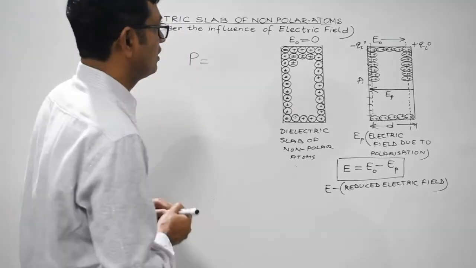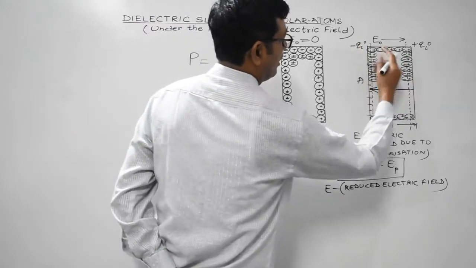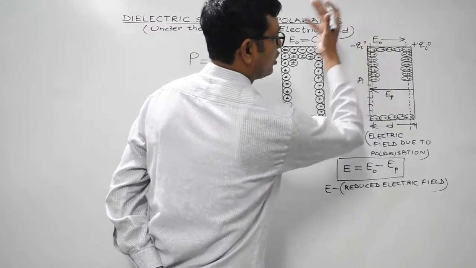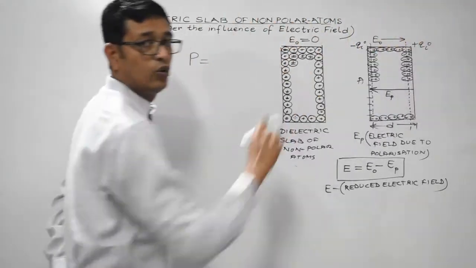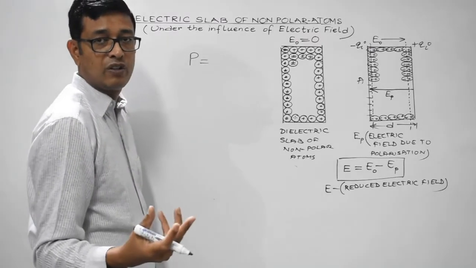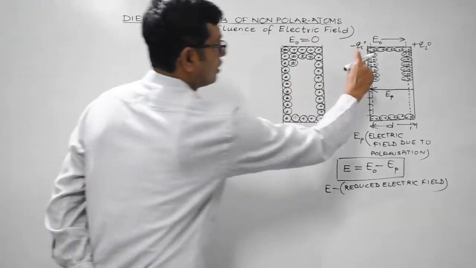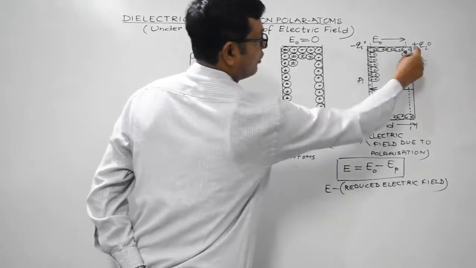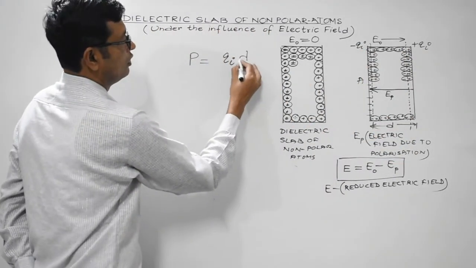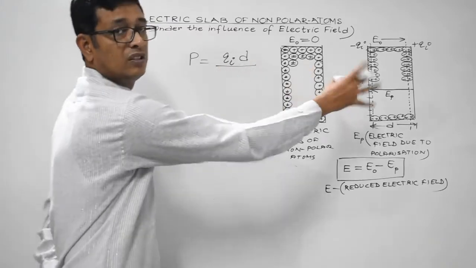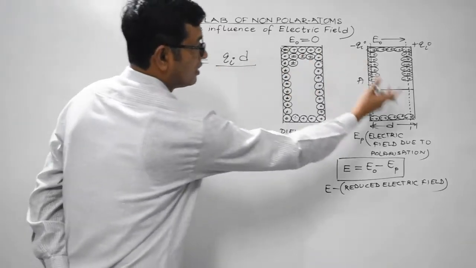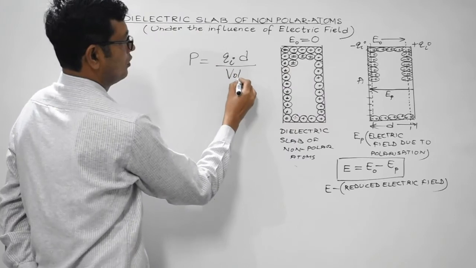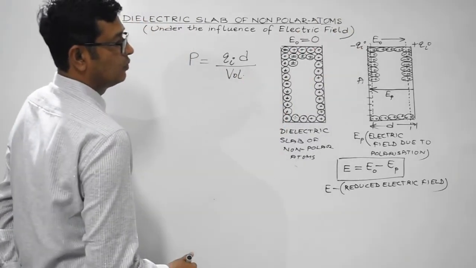What is the dipole moment induced? Net charge induced over here is minus Qi, net charge induced over there is Qi. And net dipole moment, you are aware, is the product of the magnitude of either of the charges and the distance between them, which is d. So this is the net dipole moment induced in this slab, per unit volume of this dielectric slab, right?